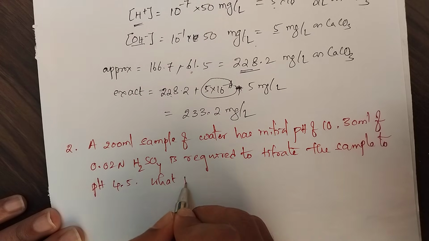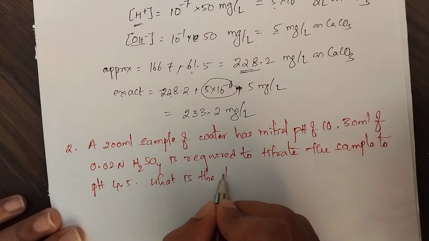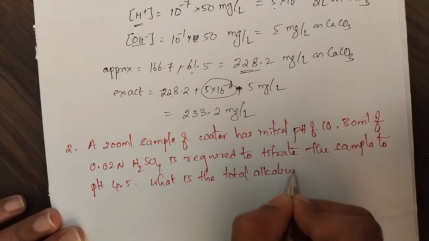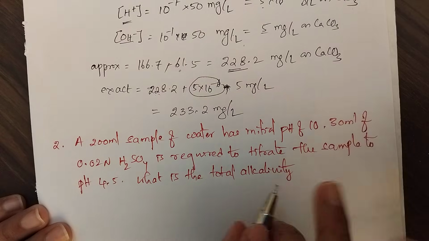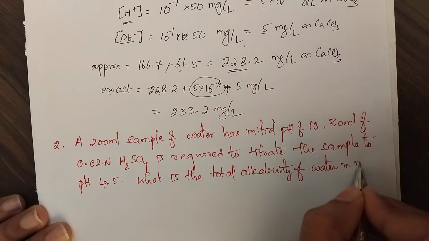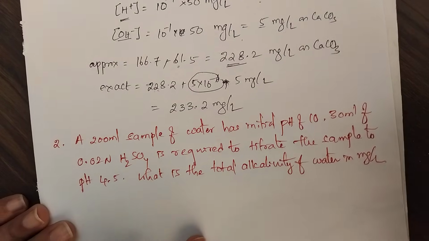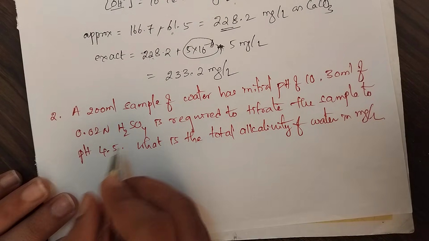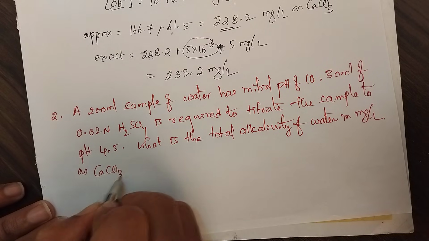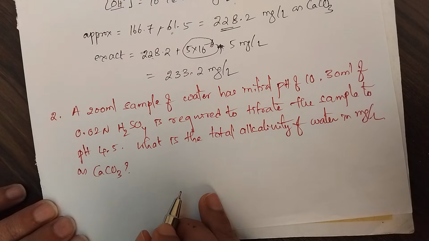What is the total alkalinity of water in milligram per liter as CaCO3? So one is we have to calculate total alkalinity.